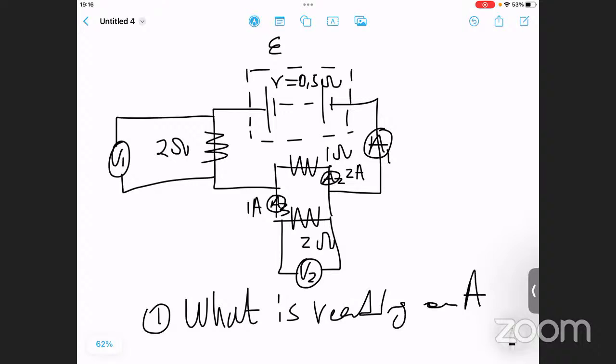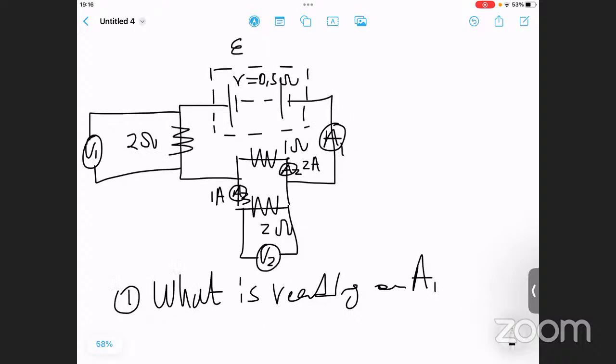This question can be given 2 marks. The next question we will get to after we've answered this one.